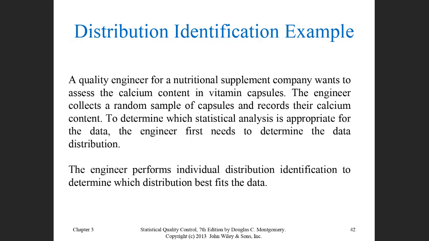So this is the type of application of this chapter, along with the use of every distribution that is expected from you to understand. You should also know the other applications.